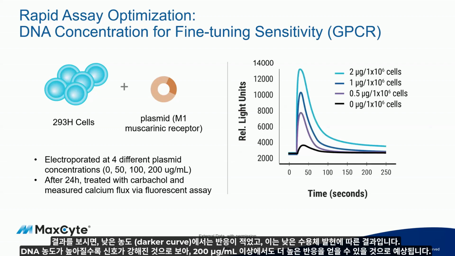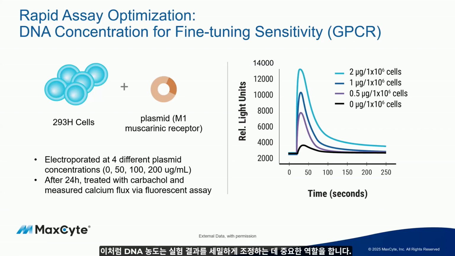You can see here that the lower concentrations, in a darker color, got less response, which means probably less of that M1 receptor was expressed. With increasing DNA concentrations, they were able to get higher response signal. Maybe they could titrate it higher than 200 micrograms per mil. But this just shows you how DNA concentration can really help you fine-tune your assay.